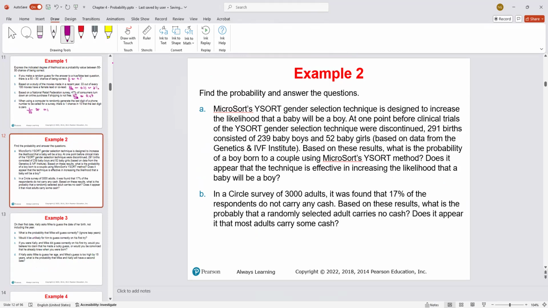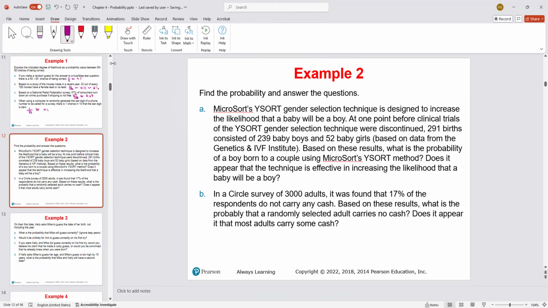Here, talking about probabilities, as you know, probabilities are all about expressing fractions, where you have the numerator as the frequency and the denominator as the total size or total population size.